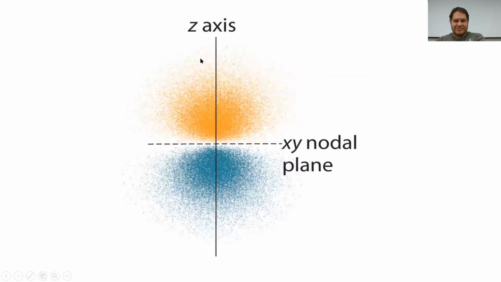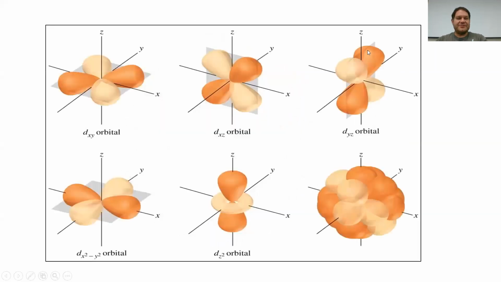All right, here's another look at a p orbital. You can see the two lobes here, and then in the middle there cannot be any electrons, okay? So let's move on to another set of orbitals. Yes, there are more orbitals. Now, there are 5 additional orbitals that are somewhat similar to one another. These are called d orbitals, okay?